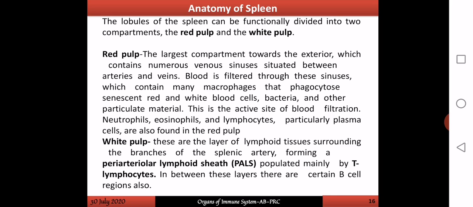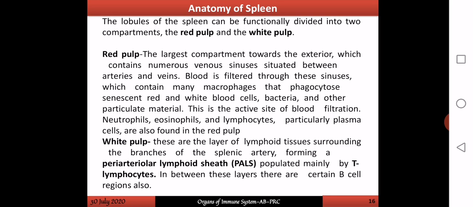They'll be involved in phagocytosing all these cells. And not only macrophages, some other cells are also associated with these functions, like neutrophils, eosinophils, and other lymphocytes like plasma cells, also present in the red pulp. So this is a major site where the filtration occurs.